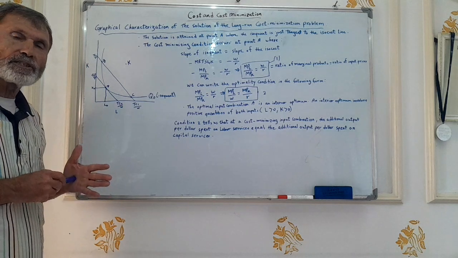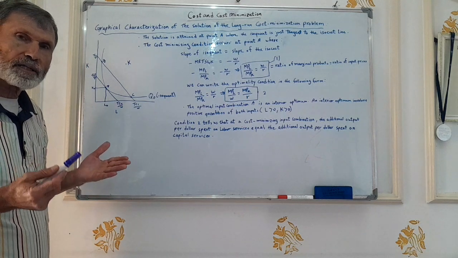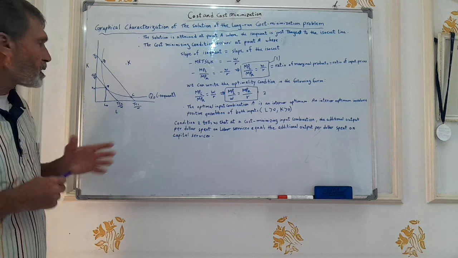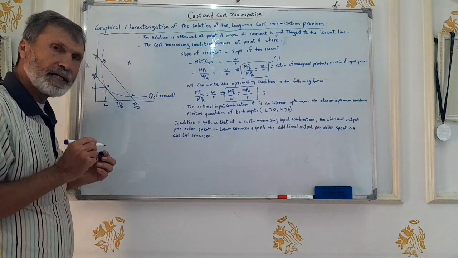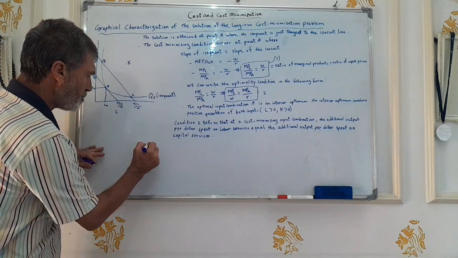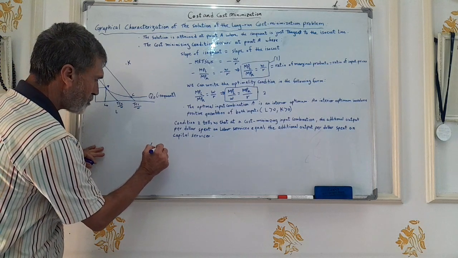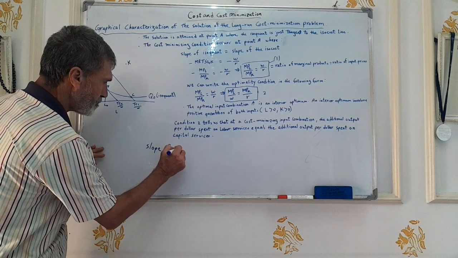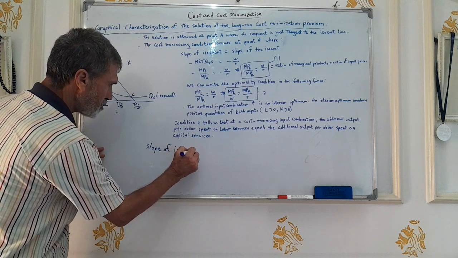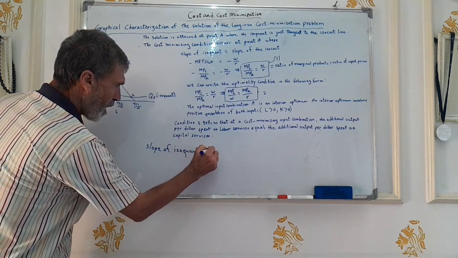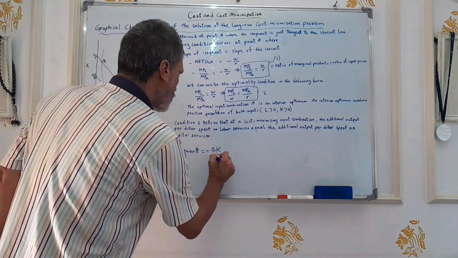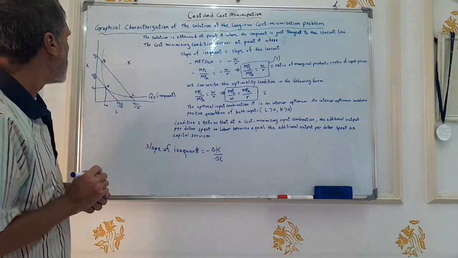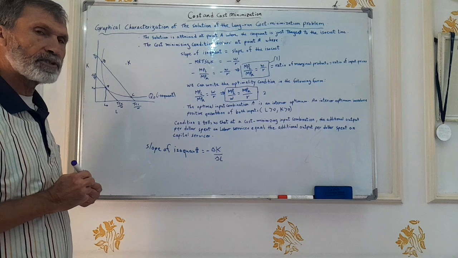The slope of the isocost, as we said, is minus W over R. What about the slope of the isoquant? Remember, the slope of the isoquant is minus delta K over delta L. Okay? That's the slope of the isoquant.